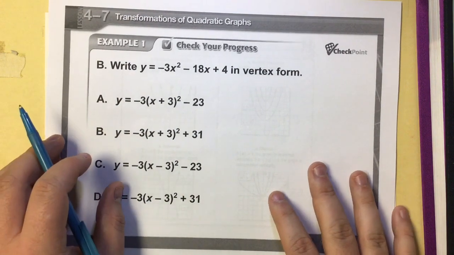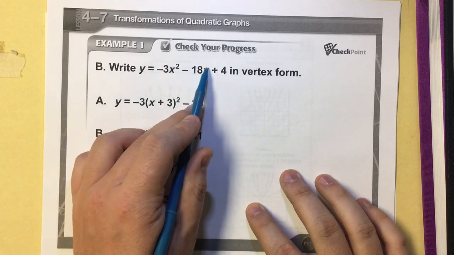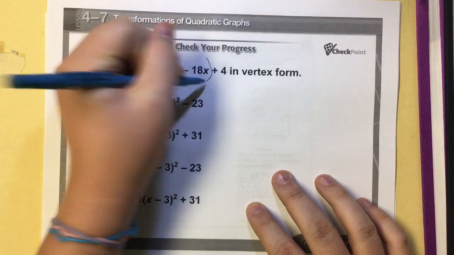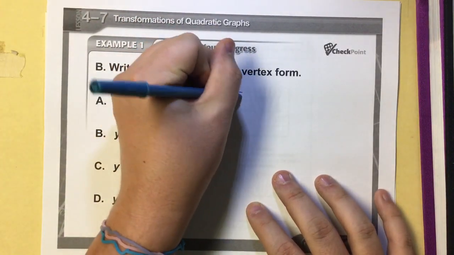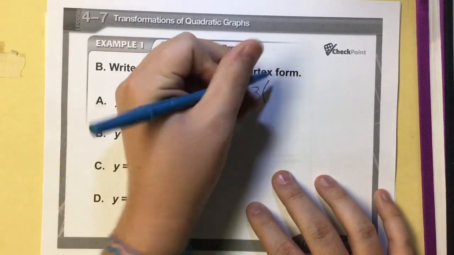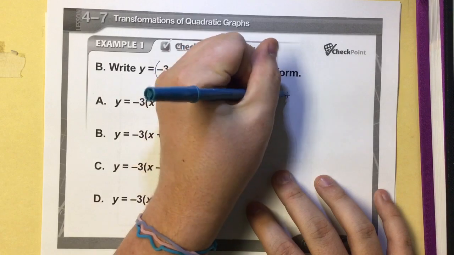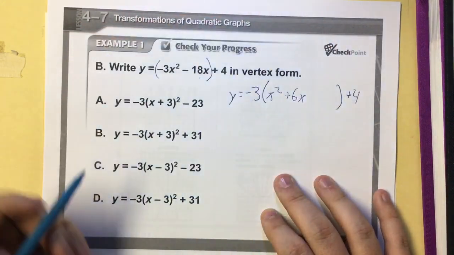So here's another example where we have an a that's not 1, so we're still going to just look at that part right there. I'm going to factor out a -3. -3 times x squared, -18, factor out -3 is a positive 6x, leave some room, plus 4.